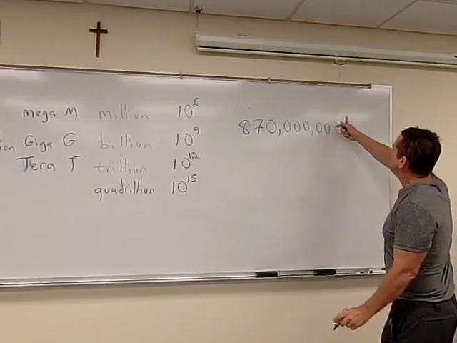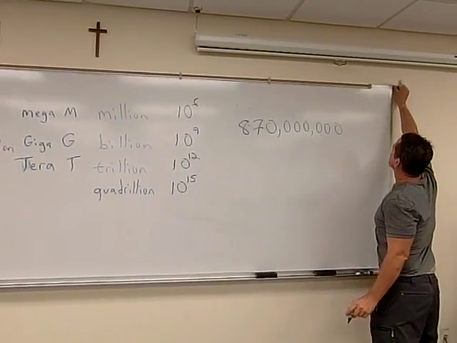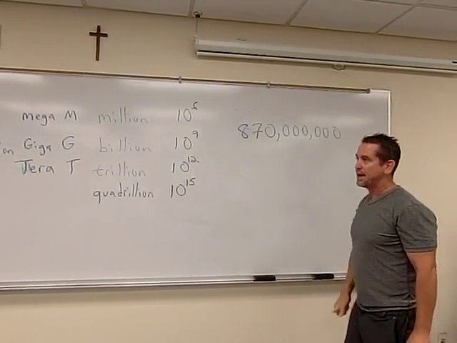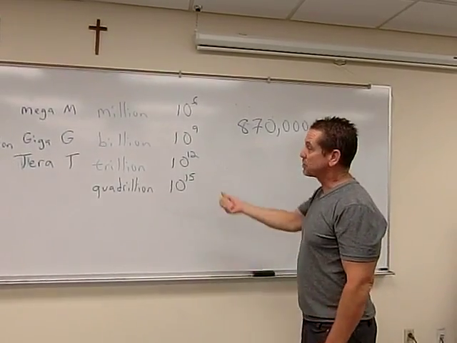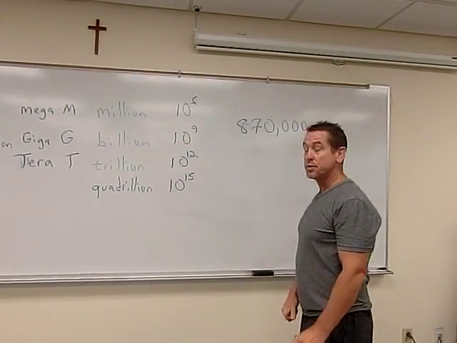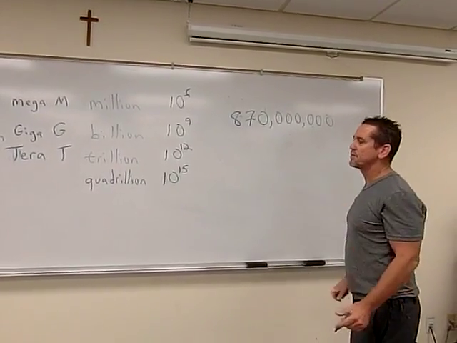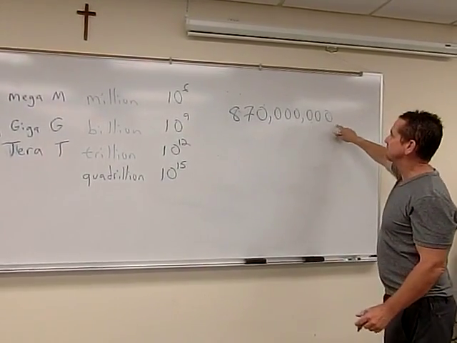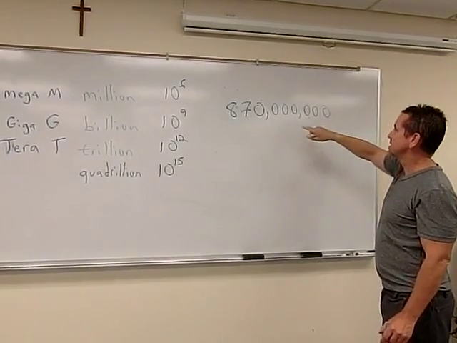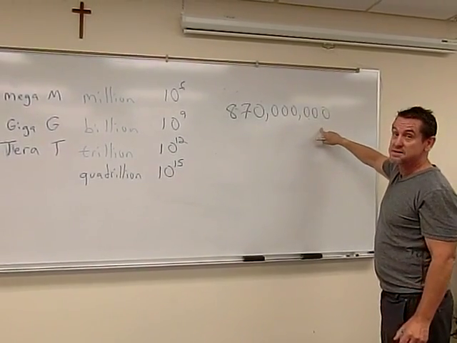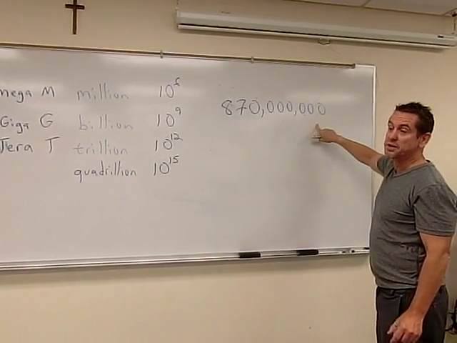Take that guy and try to write it in scientific notation, and also try to write it with a metric prefix. So since we're going to do the metric prefixes, let me give this guy some context. This guy is 870 million.